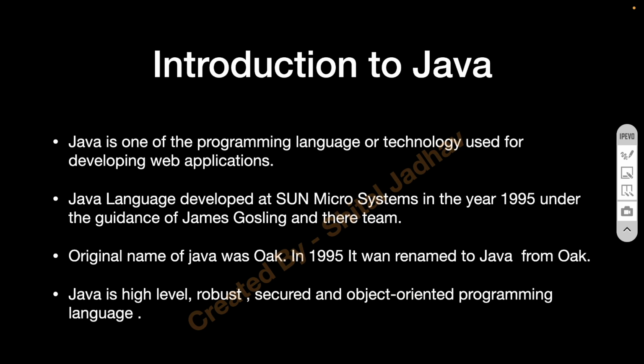Okay, originally the name of the Java was Oak, and in 1995 it was renamed to the Java. Java is a high level, robust, secured and object oriented programming language. Okay, so when the Java is invented, it is invented in the 1995. Okay, originally the name of the Java was Oak and then it was renamed to the Java.